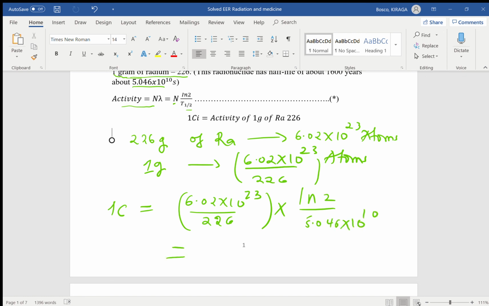Using your calculator, trust me, you must get 3.65 times 10 to the power 10 disintegrations per second.